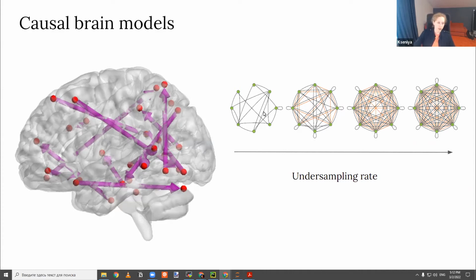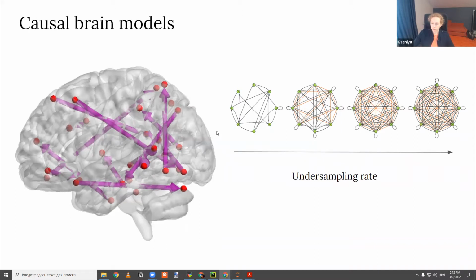We can get data of healthy and ill brain, for example, fMRI data, and create a graph model of this causal structure, and we can find out whether the causal structure of a healthy brain is similar or not similar to the brains of people with, for example, autism or Alzheimer's disease and so on.